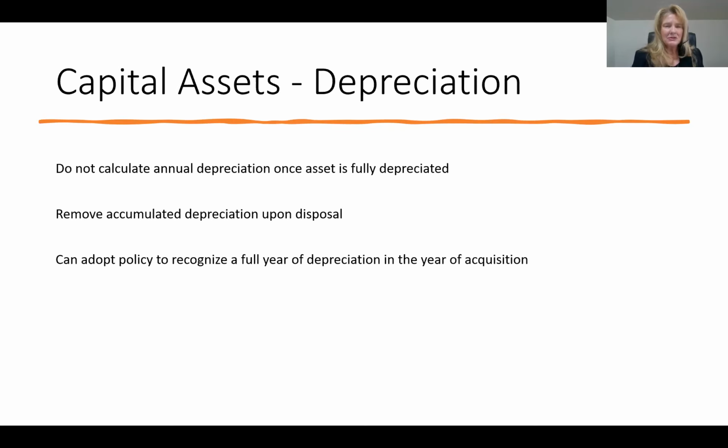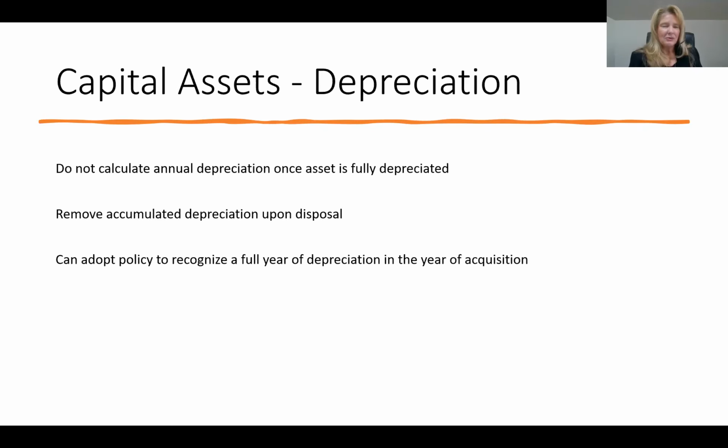Now, there's a couple of things you might want to remember. You do not calculate annual depreciation once that asset is fully depreciated. So what that means is if I have a fence, we'll talk about this in a little bit. If I have a fence that has an estimated useful life of 10 years, once I hit that 11th year, I'm not going to depreciate that fence anymore because I've already allocated the cost of that fence over its estimated useful life.